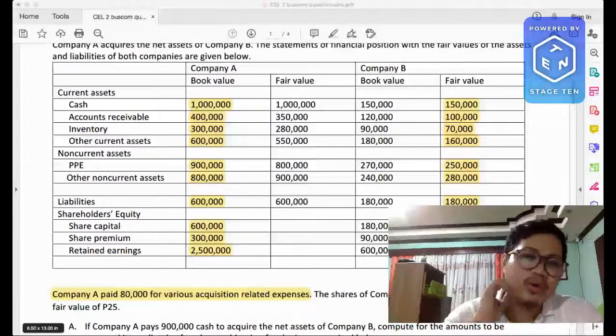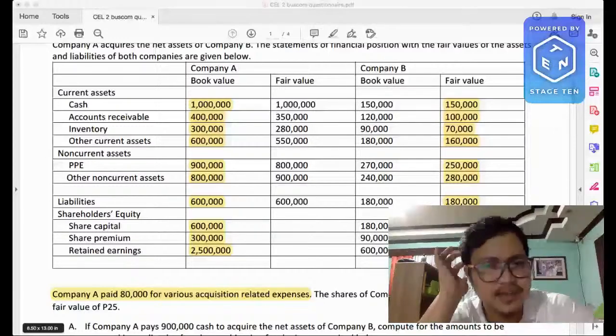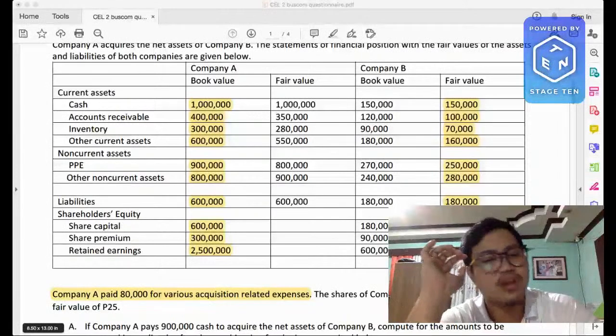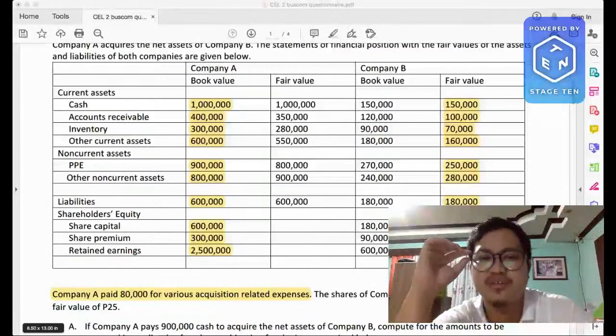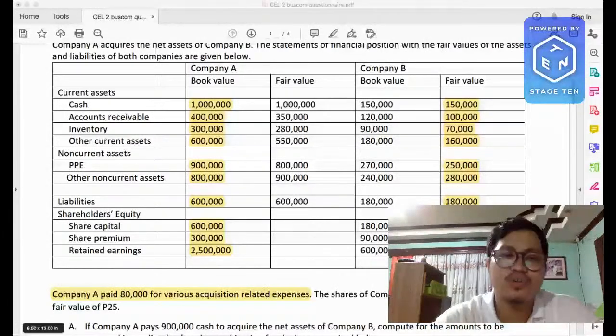Okay. Now, how much do you think would be the credit to share capital? As always, class, the credits to your share capital should only represent the par value of the shares issued. But I thought that the rule is to recognize the shares issued at fair value. That's correct. But as to the share capital account, the amount that should enter this account should only be the par value. And since we are going to record it at fair value, the excess should be recognized in your share premium.